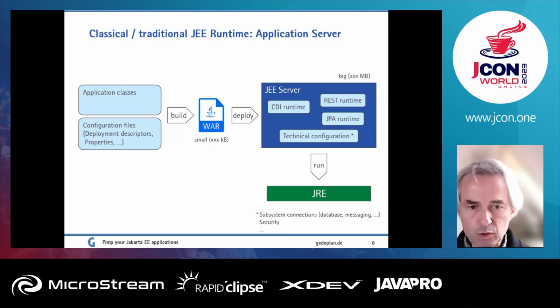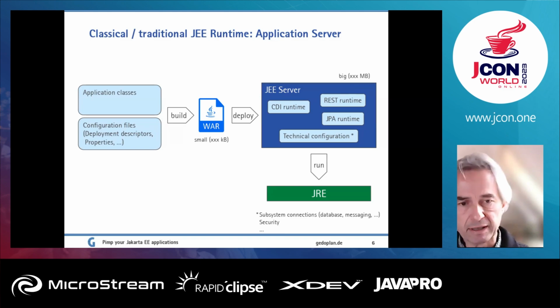Or if you have some older projects, maybe it's an EAR file. Yeah, but you compile only your application classes or package your application classes therein, and you have configuration files, mainly these deployment descriptors like persistence XML, maybe some additional properties files or whatever your application needs, and you package that into a WAR file that's quite small.